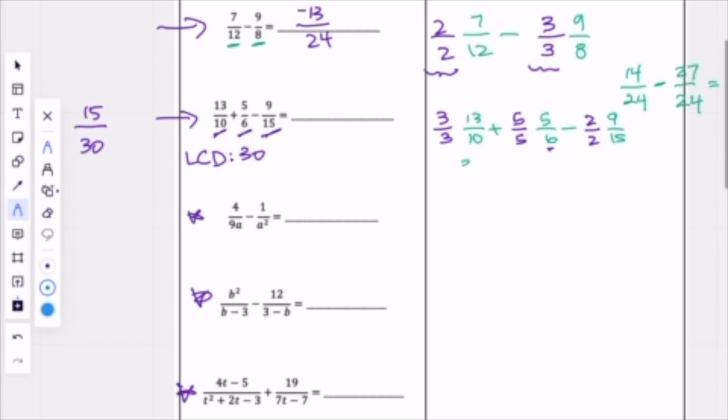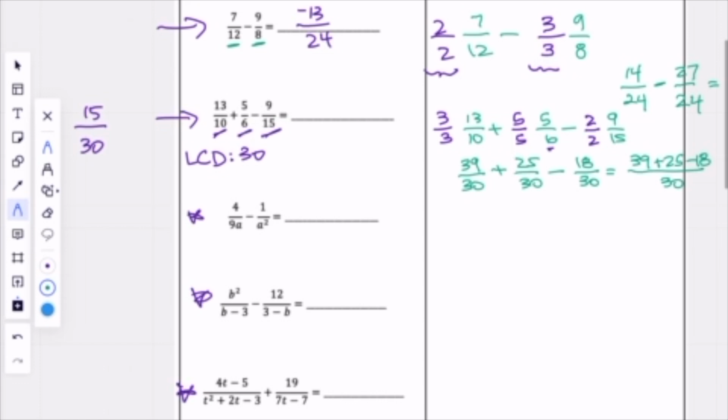So here I have 39 over 30 plus 25 over 30 minus 18 over 30. And so when we do that, what we really have is just 39 plus 25 minus 18 all over 30.